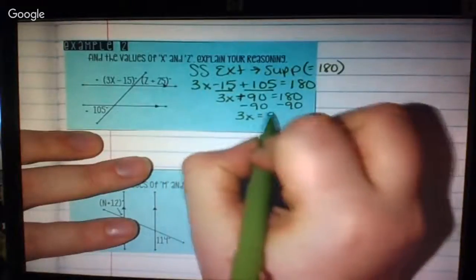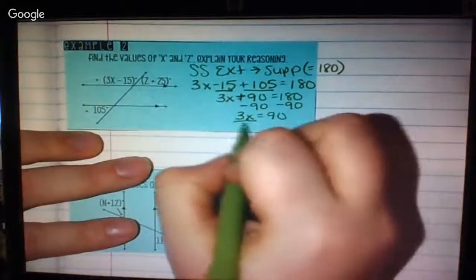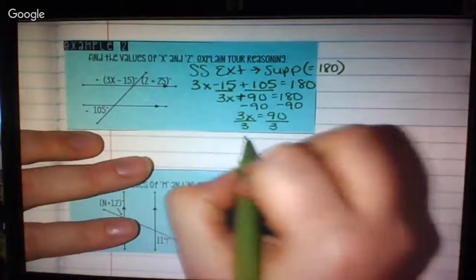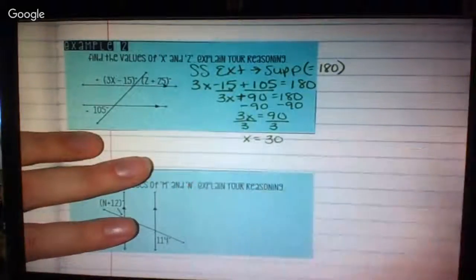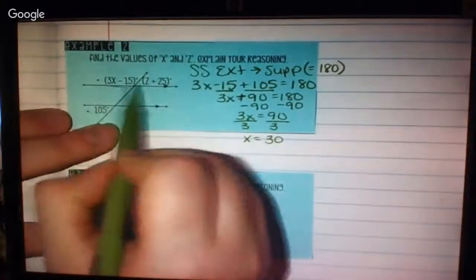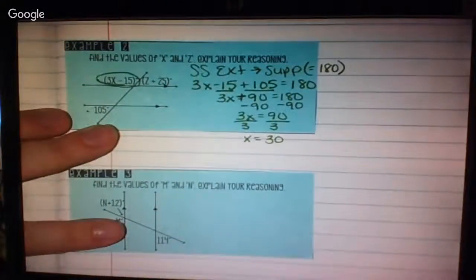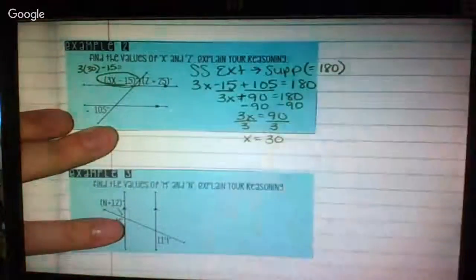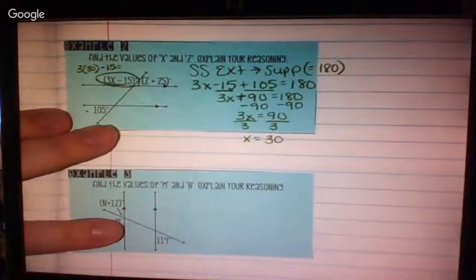So 3x is 90. Divide by 3. So x is 30. Okay, if x is 30, what is this angle right here then? 3 times 30 minus 15. 75. Perfect.